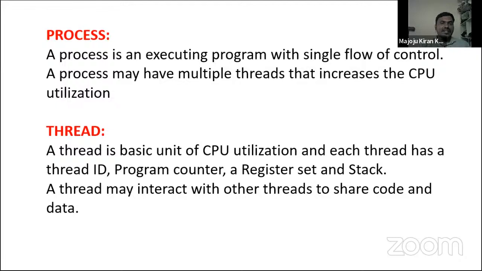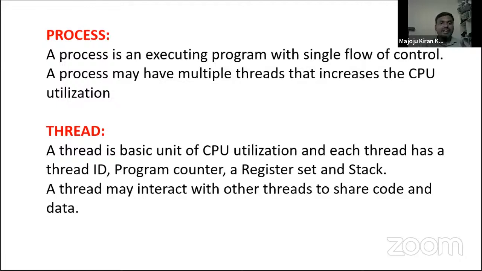How can the CPU utilization be increased? When the process has a single flow of execution, for example, the process is waiting for the I/O, and there is only a single flow of execution, until it gets that input the process must wait and it cannot give the chance to any other process. For example, there are two processes. Let us assume process one has been interrupted and is waiting for the input.